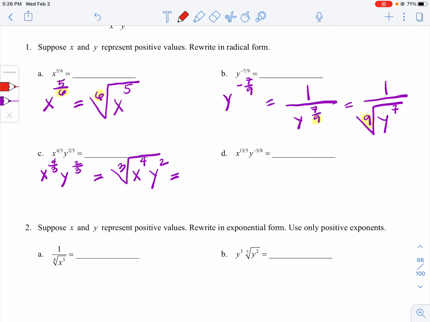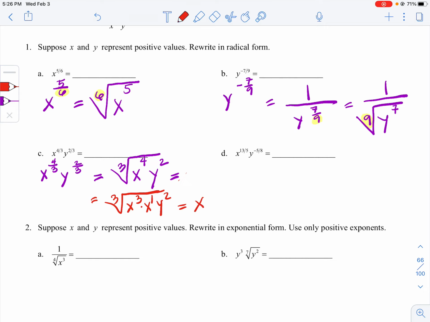So we have the cube root of x to the power of 3, x to the power of 1, y squared. We already know that because the 3 goes into the 3 perfectly, this gets canceled and this x goes out.